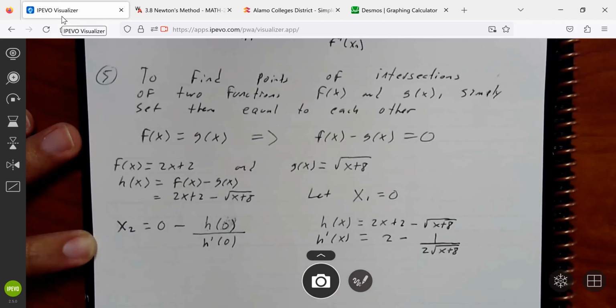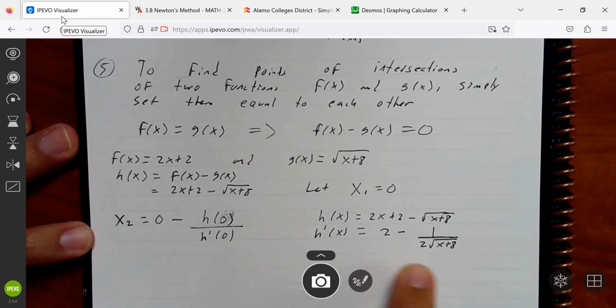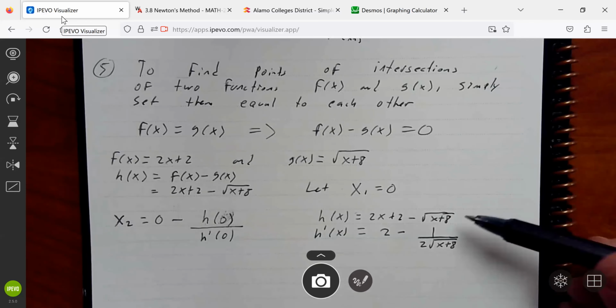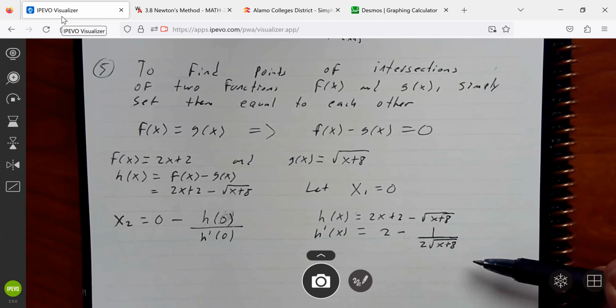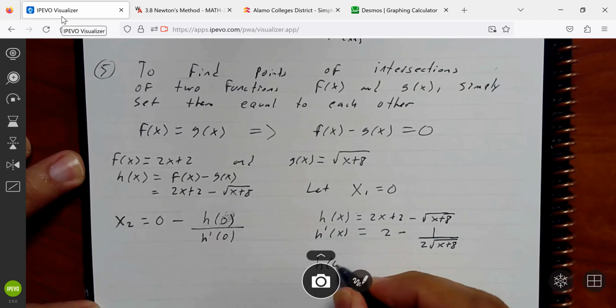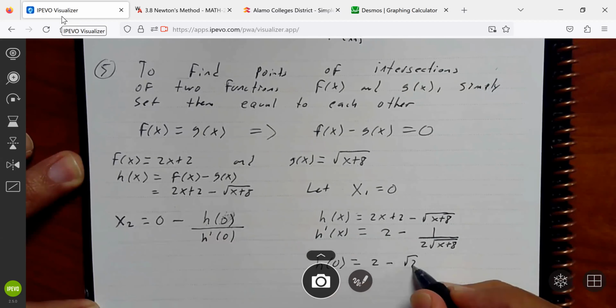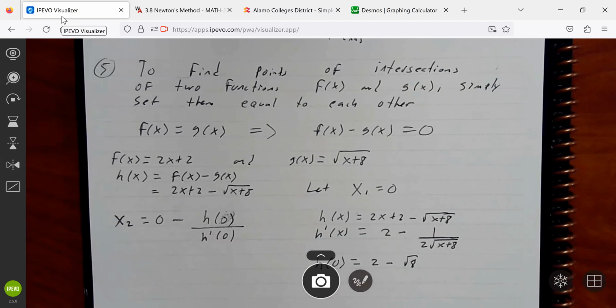I skipped the derivative step and just did it in my head there because we're focused on the formula. Is that cool? All right, I'm going to move on. So plug in 0, but plug in 0 here, right? h of 0 will equal 2 minus square root of 8, whatever that is.